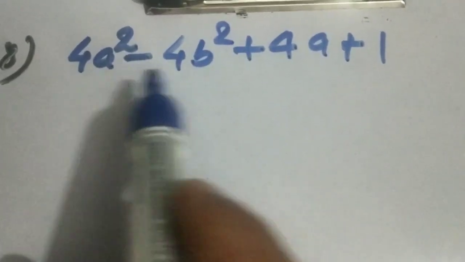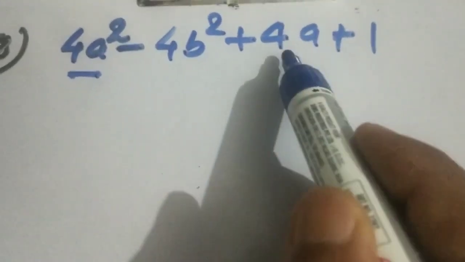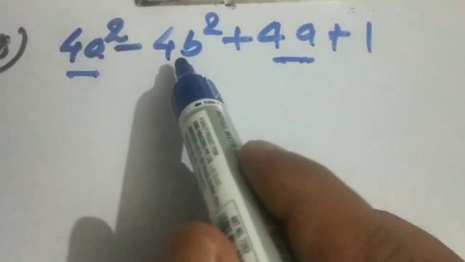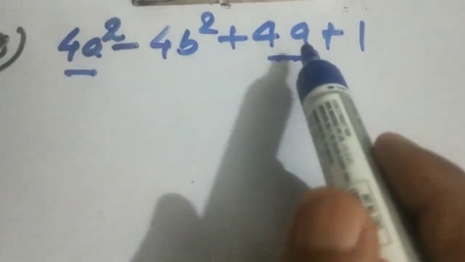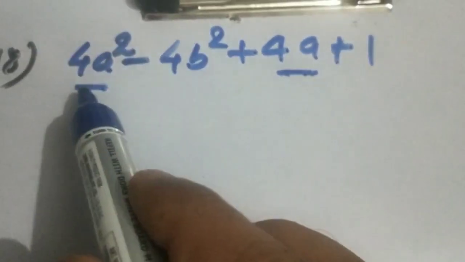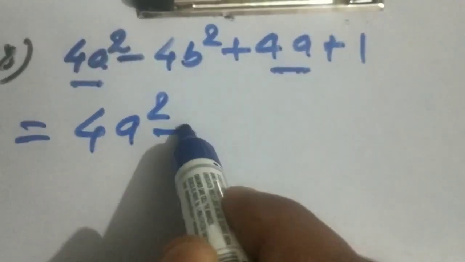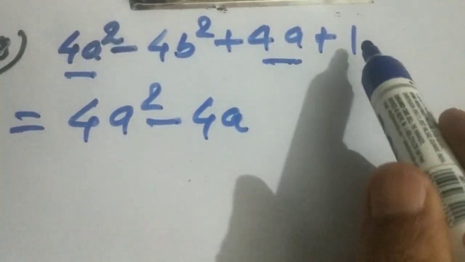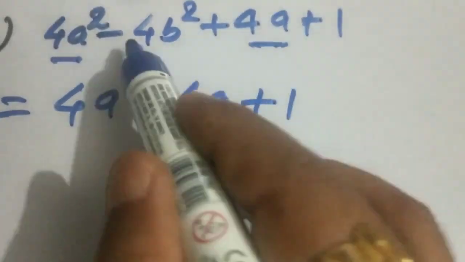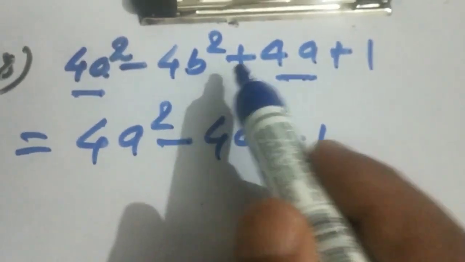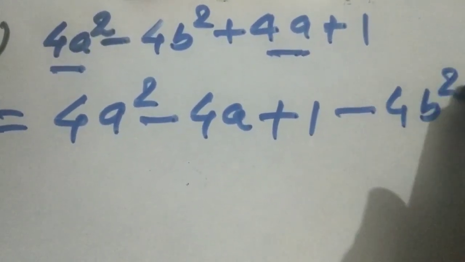So in this expression you can see this is 4a square and a is also here, and here is b square, which is different from these two. So let us put here 4a square minus 4a and plus 1. What is the square of 1? It is 1, so we will keep 1 along with it. And this 4b square is different, unlike terms, we will write it at the last, 4b square.